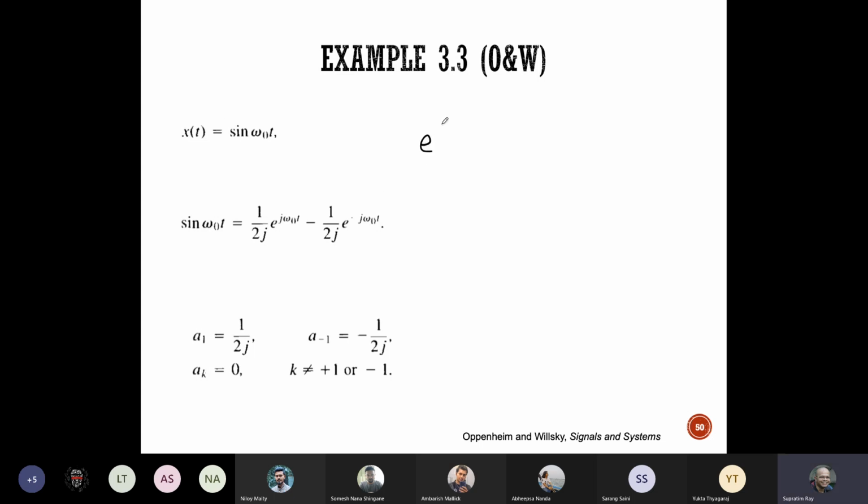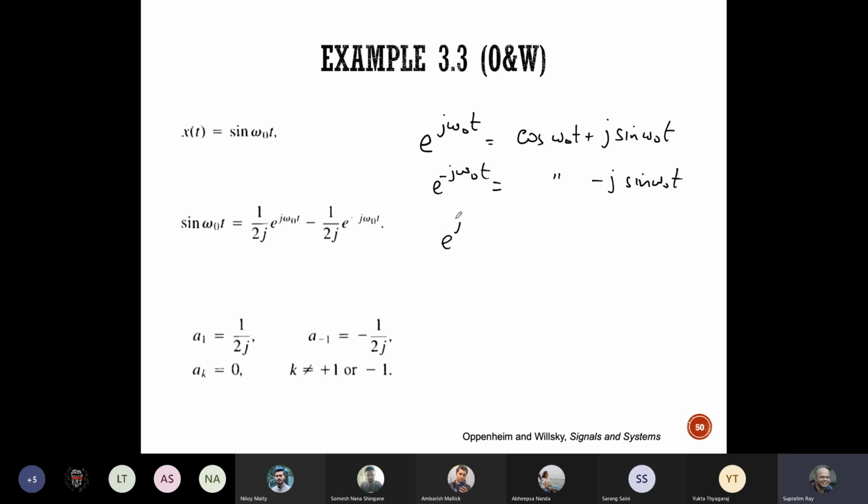So e to the power j omega t is cos omega naught t plus j sine omega naught t, and e to the power minus j omega naught t is cos omega naught t minus j sine omega naught t.